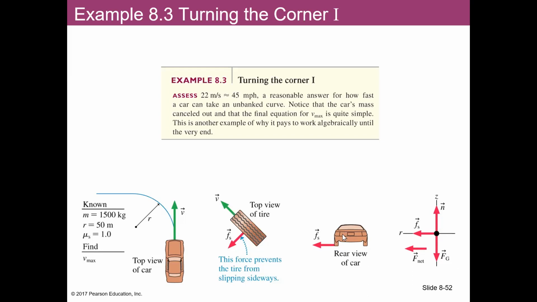We are not considering the center of gravity. We're not considering the fact that the friction force and normal force might be different on different tires, driver's side versus passenger side, front tires versus rear tires, or that different numbers of passengers or different loads in the car might affect that as well.